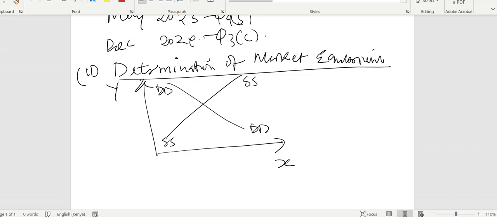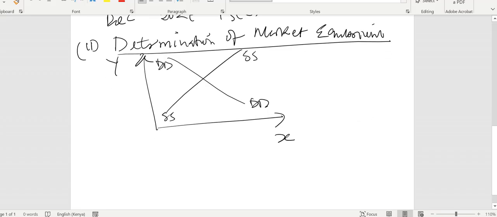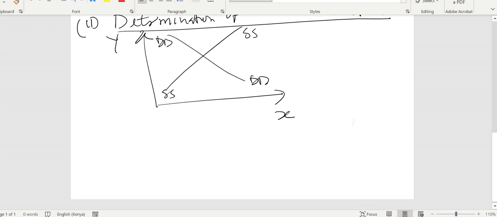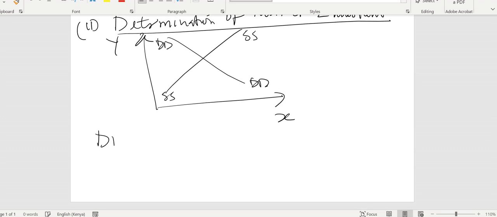The one that comes from bottom to up is the demand one. Demand is from left to right. So demand slopes from left to right. I want you to use the words like right to left, left to right.